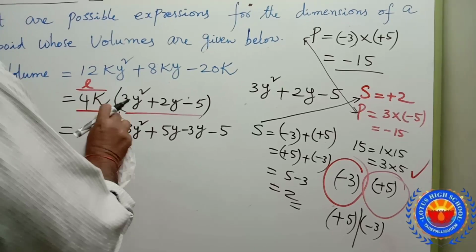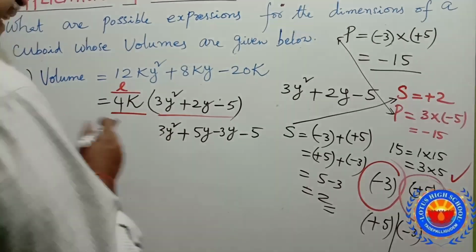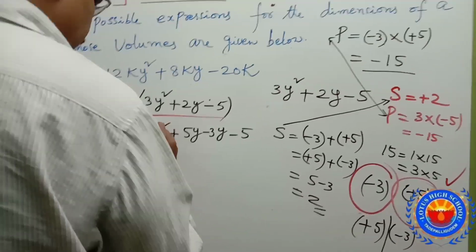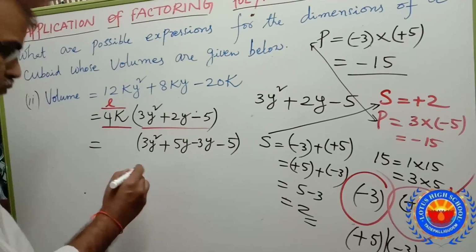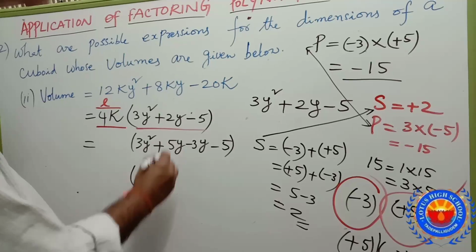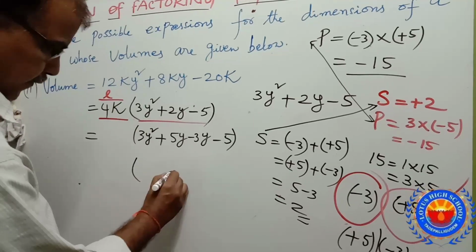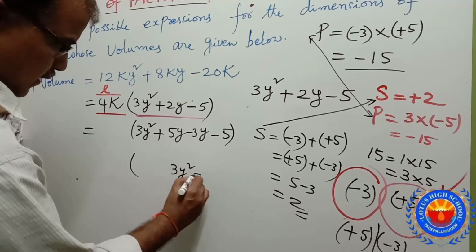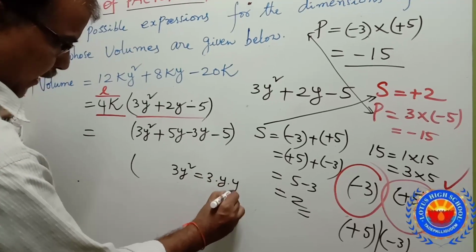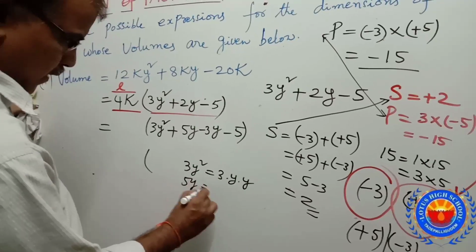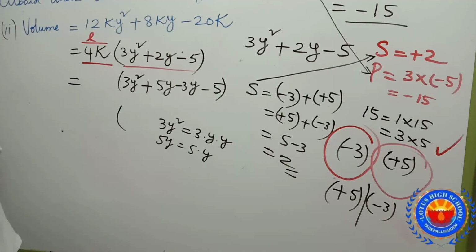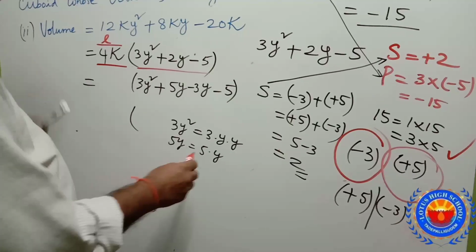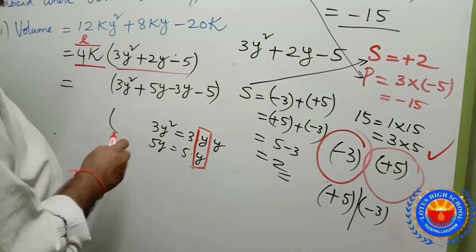Now the factorization, which is 3y square, 3 into y, 5y, 5 into y. In this, which is common? Only y is common.